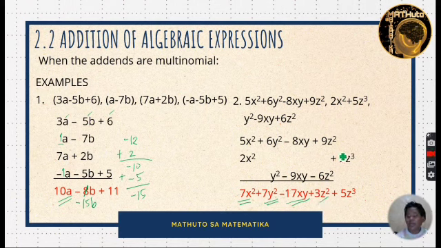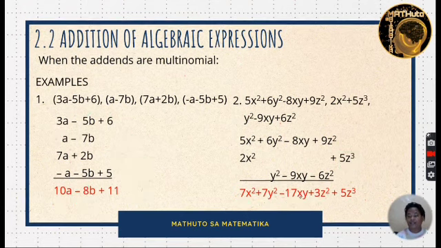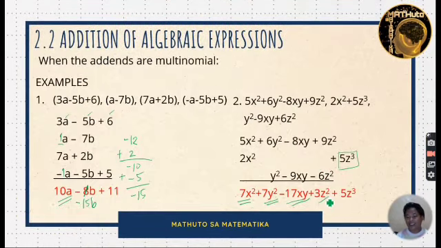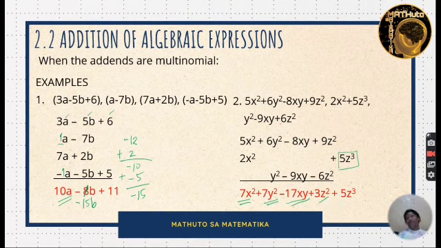And we have here 5z cubed, so we're going to bring it down. If we finalize our answer, we have 7x squared plus 7y squared minus 17xy plus 3z squared plus 5z cubed. That is addition of algebraic expressions when we have multinomial addends.